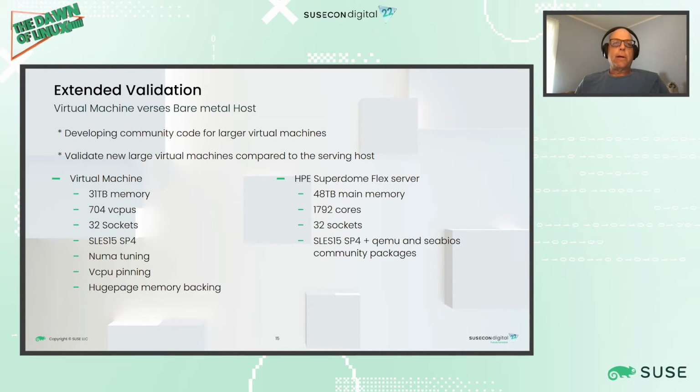This is a comparison of the virtual machine and the bare metal we ran for performance testing. Lately we've been able to run 1,472 virtual CPUs and believe that we can easily hit 48 terabytes and 1728 when we have access to a machine to test.